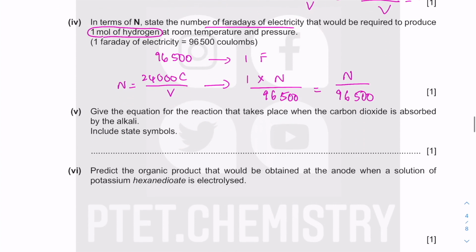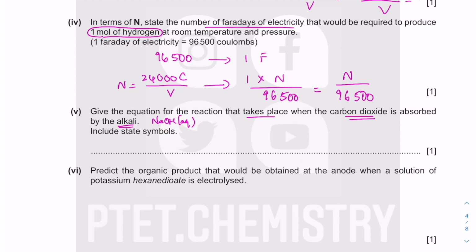Give the equation for the reaction that takes place when the carbon dioxide is absorbed by the alkali. I've used NaOH, an alkaline solution of it, so you have aqueous because they also ask for state symbols. If you had used a solid sample of NaOH or KOH, then you would have solid.